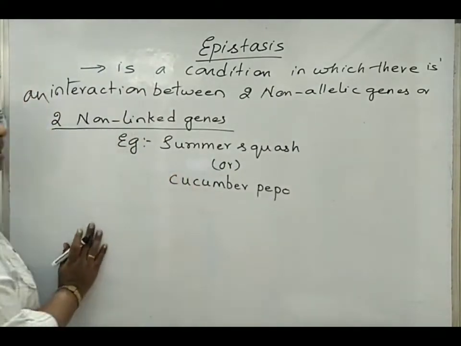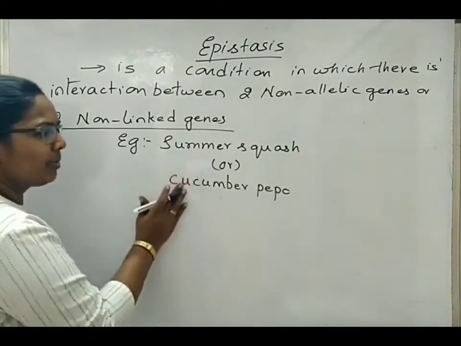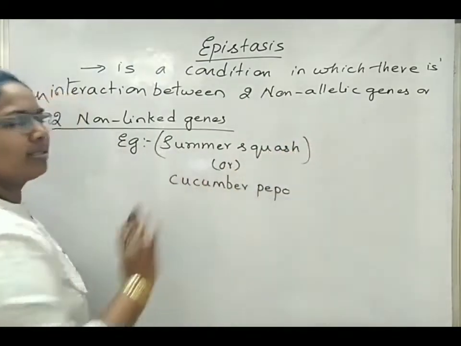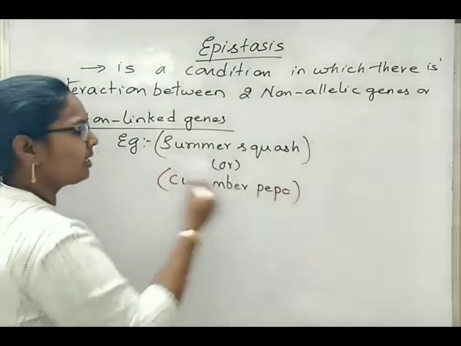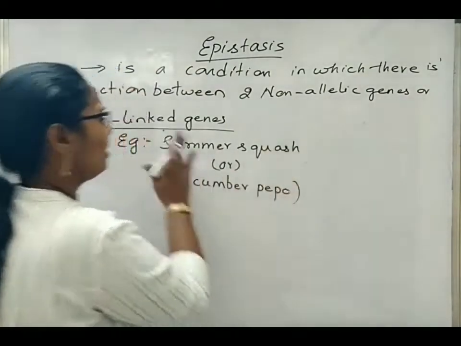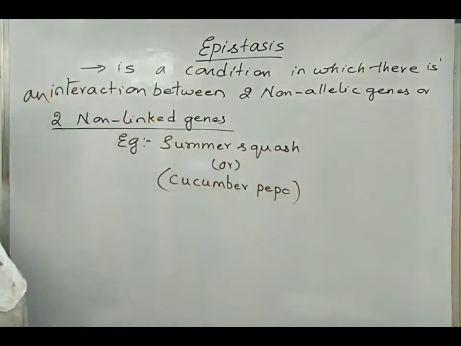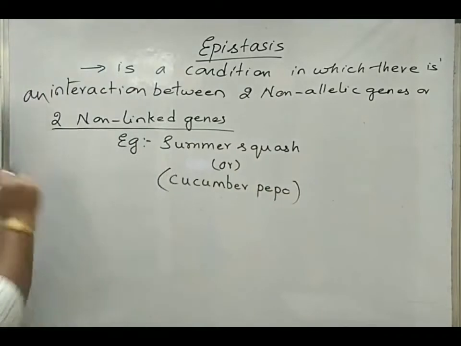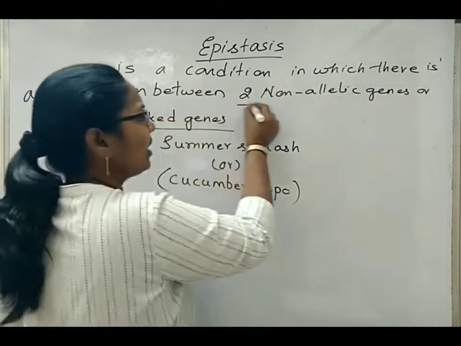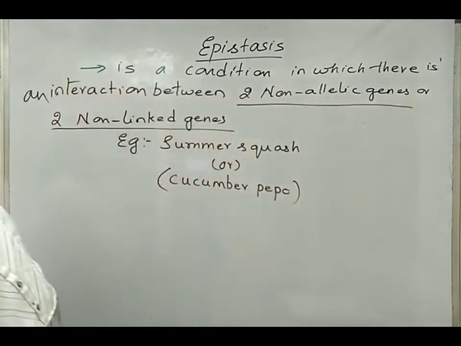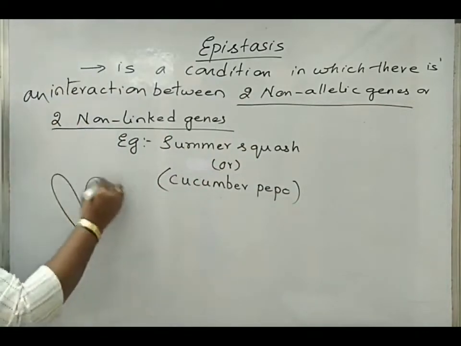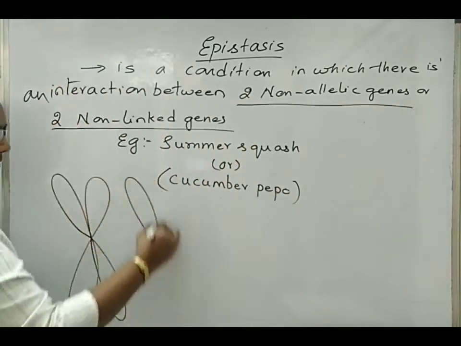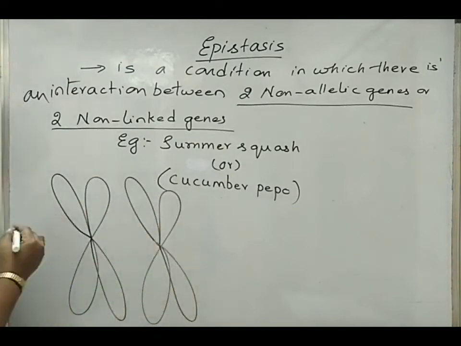Now, an example is summer squash. This is the botanical name and this is another name, summer squash, the common name. Now, how can we represent these non-allelic genes? Suppose we take a homologous pair like this.